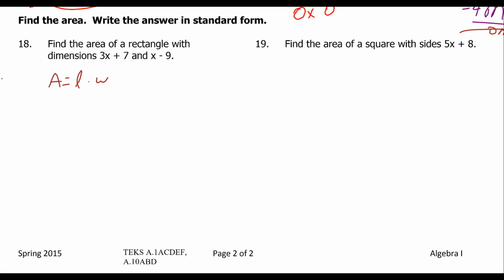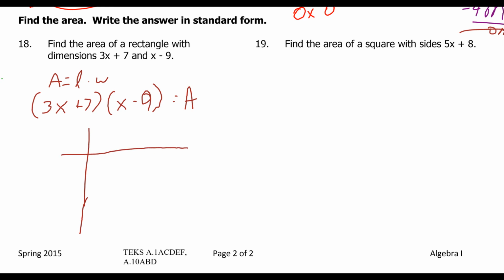And all that we got to do is 3x plus 7 times x minus 9 to equal the area. I'm just going to use the box method because it helps keep everything nice, neat, and organized. And it goes something like that, and like that.